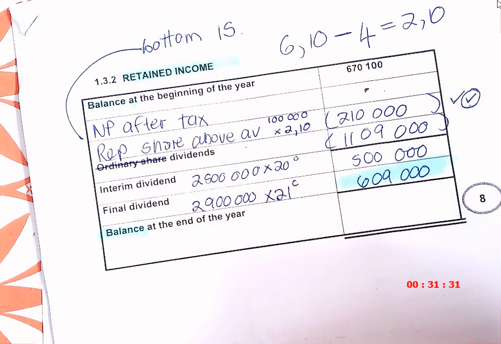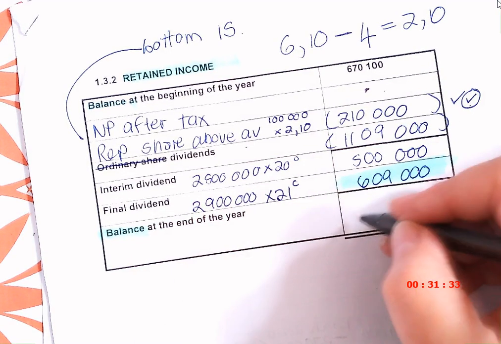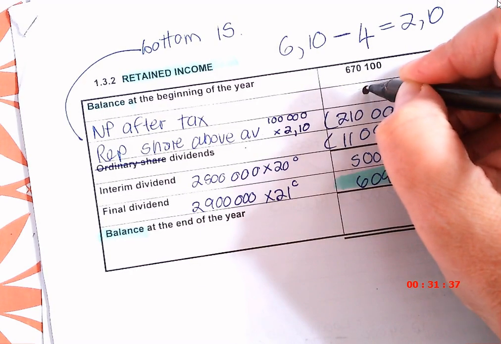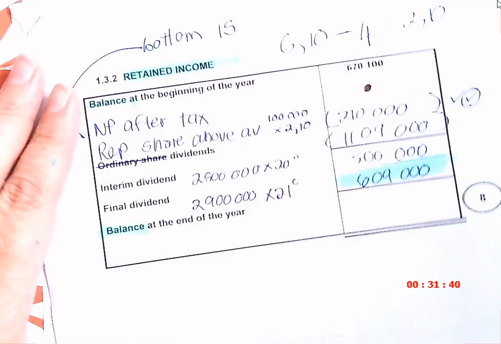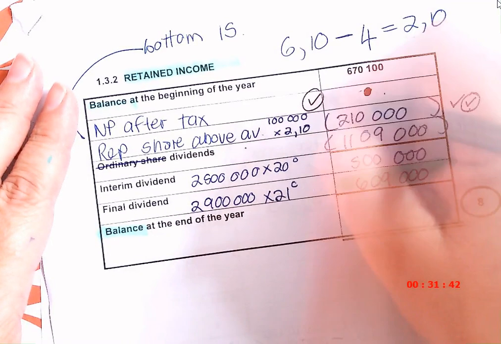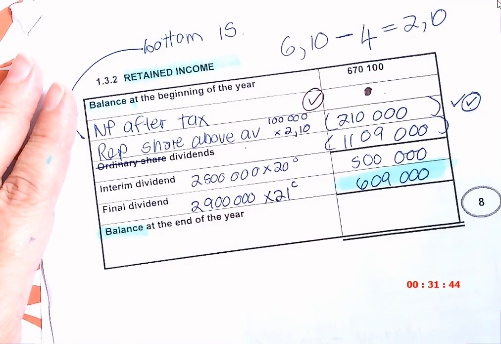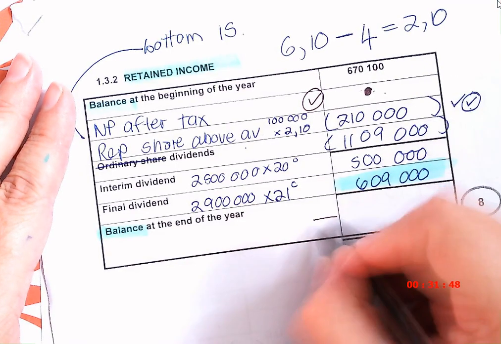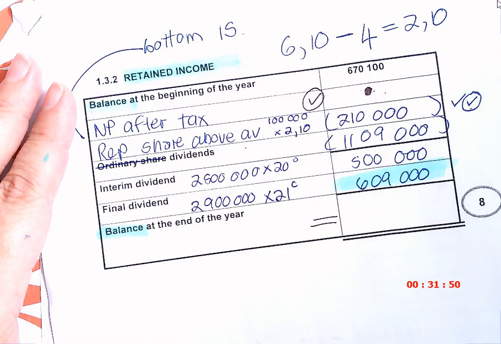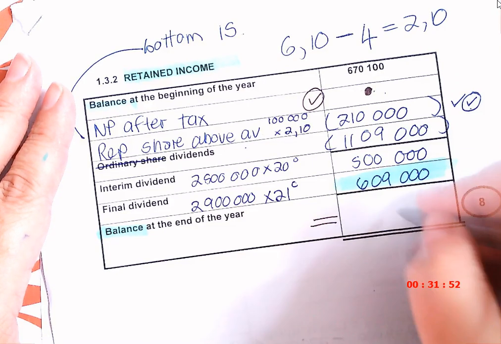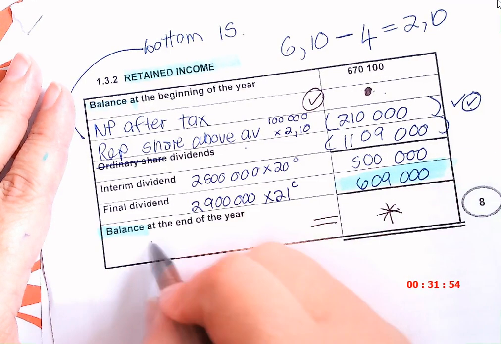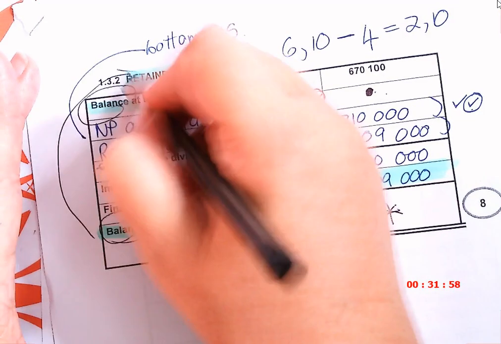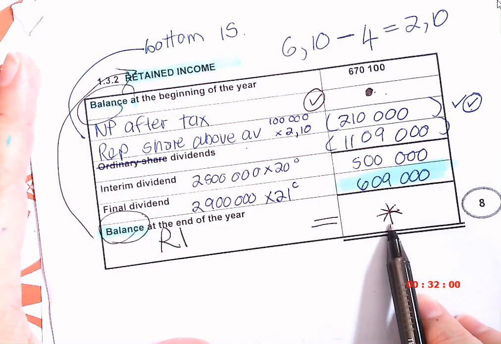I don't know the amount. It's what? 7 something. So now I have that amount. I'm not going to write it in. But can you see again, there's a bagel. So that one minus minus equals this one. Okay? So now I have my retained income, because the balance of the heading, you see, retained income.